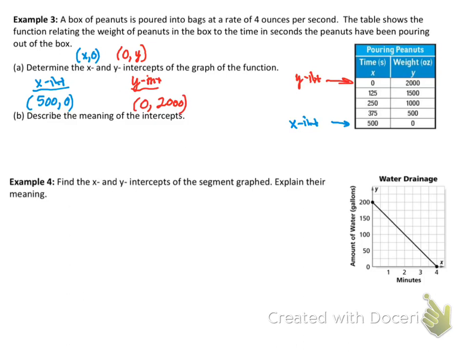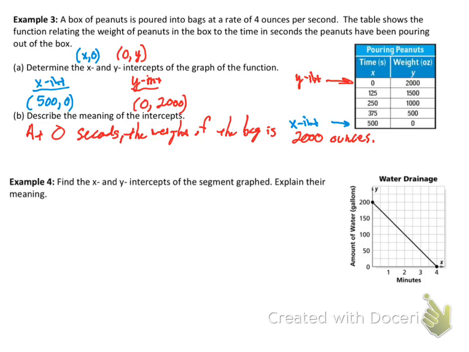Well, the y-intercept is saying at 0 seconds, the weight of the bag is 2,000 ounces. Okay, so at the very beginning, before we start pouring, the bag is 2,000 ounces.